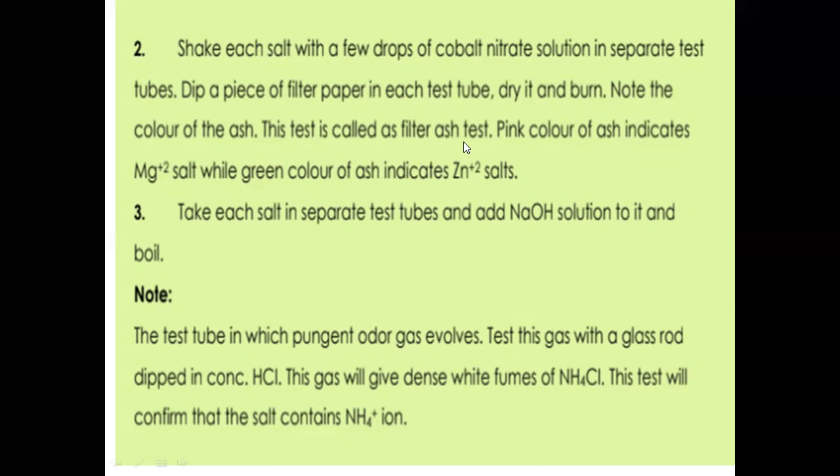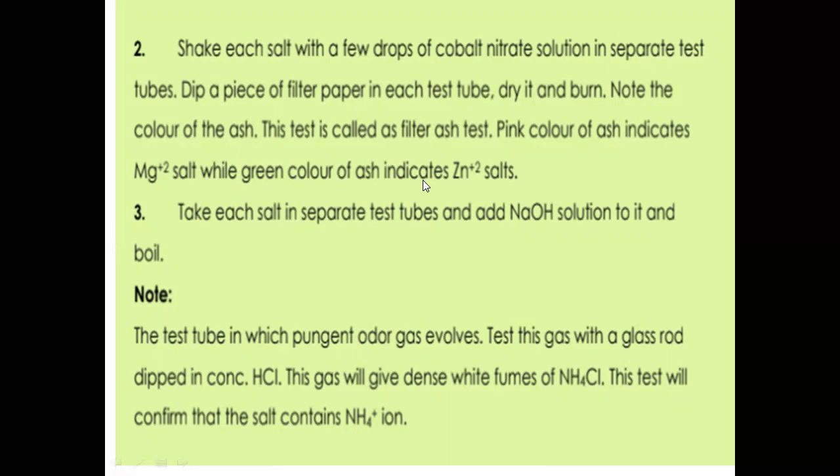In the cobalt nitrate test, what we will do, we will take the cobalt nitrate solution and we will mix it with our salt, and then we will take a filter paper, dip it in this cobalt nitrate solution which also contains the salt, and then we will burn that filter paper and check the color of the ash. If the color of the ash is pink, it indicates that magnesium salt is present. And if the ash color is green, it indicates the zinc salt.